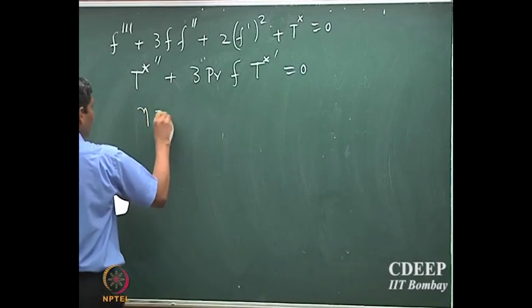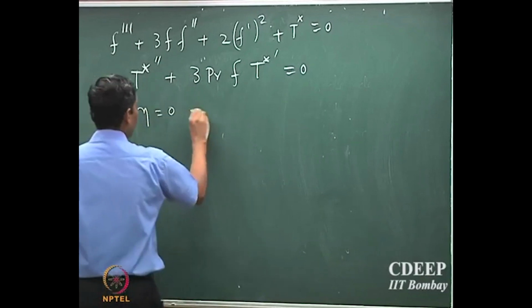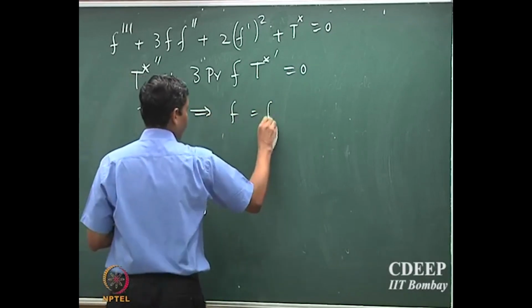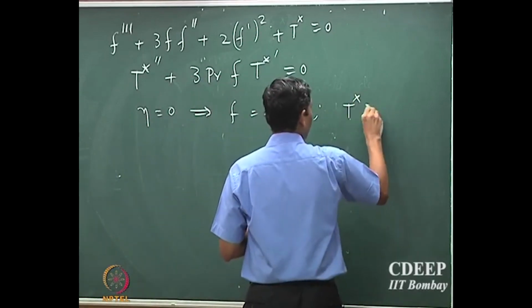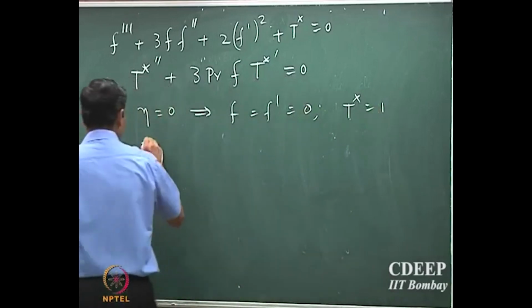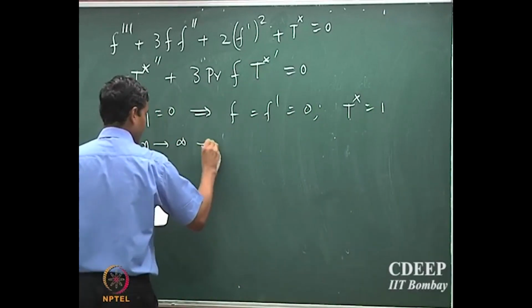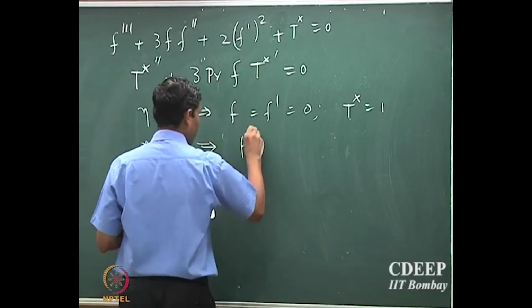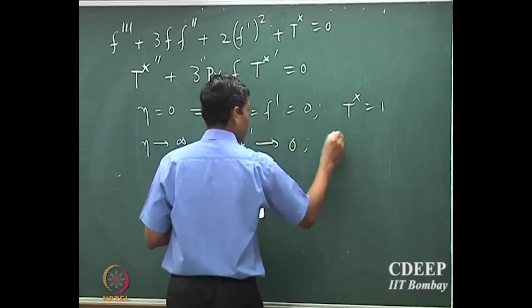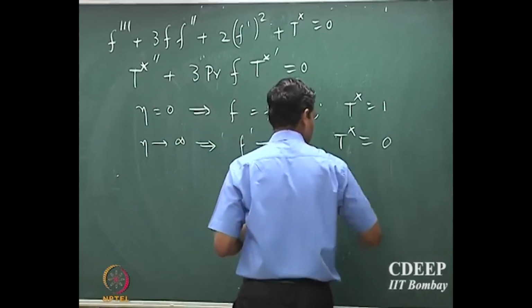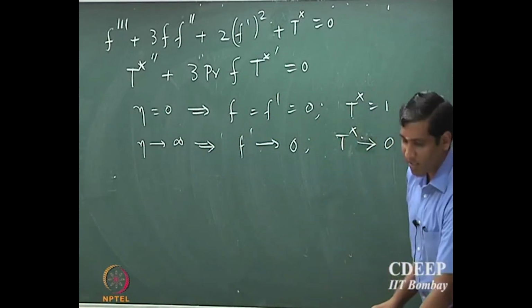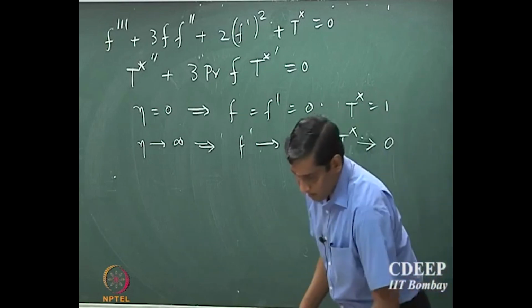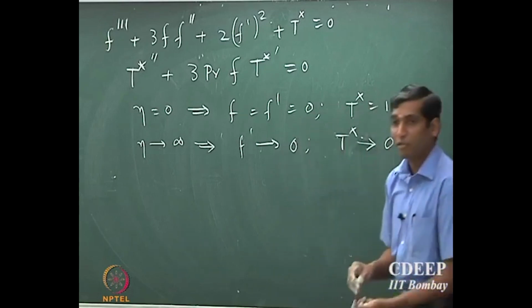And the boundary conditions would be: when eta is 0, f equal to f prime equal to 0 and t star equal to 1, and as eta goes to infinity, you have f prime goes to 0 and t star goes to 0. Okay. So that's the model equation, and so one can find numerical solutions for this.